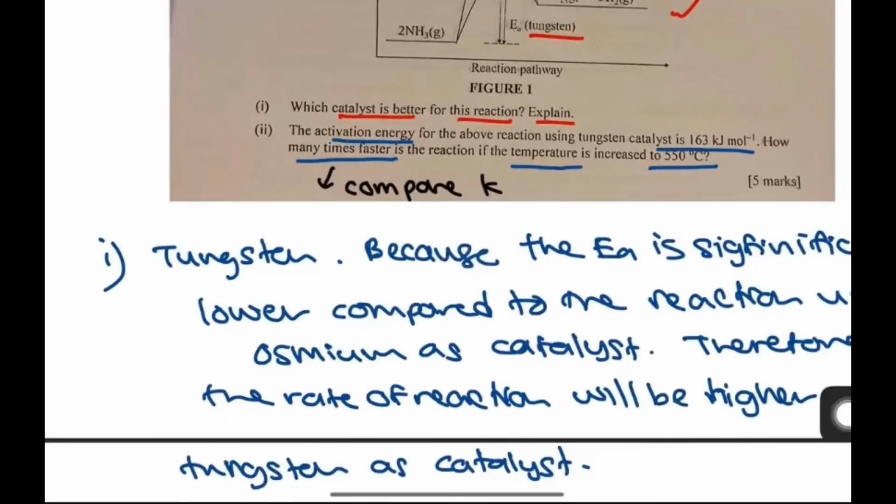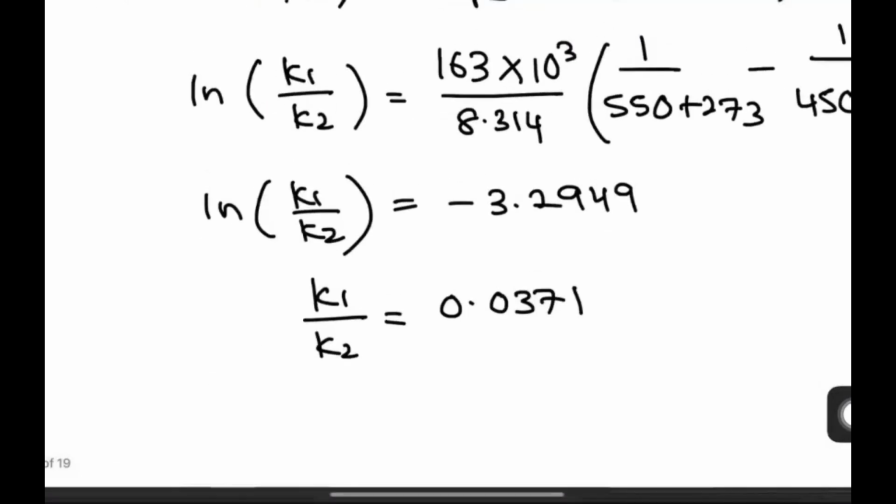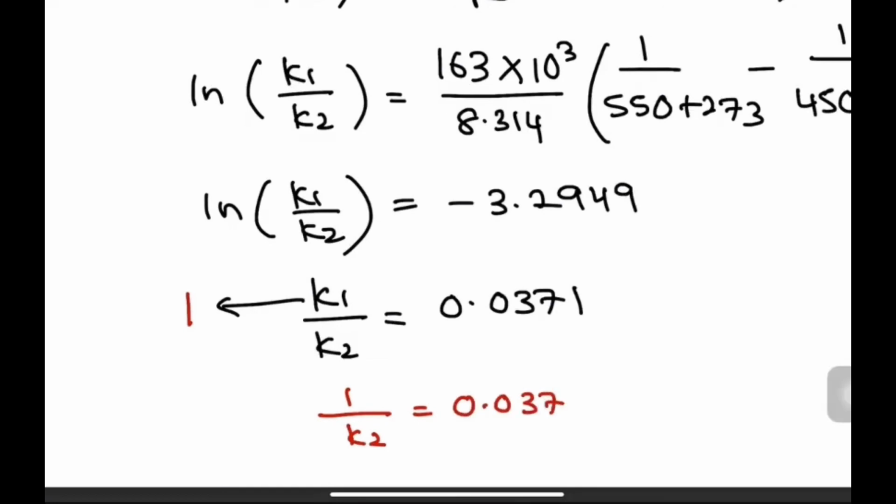So in order to know that, let's assume the rate constant for the first reaction is 1. Then we should be able to identify the rate constant for the second reaction easily, and we can directly see how many times it is increasing. So I'm going to put 1 over k2 equals 0.0371. Therefore, what is the value of k2?